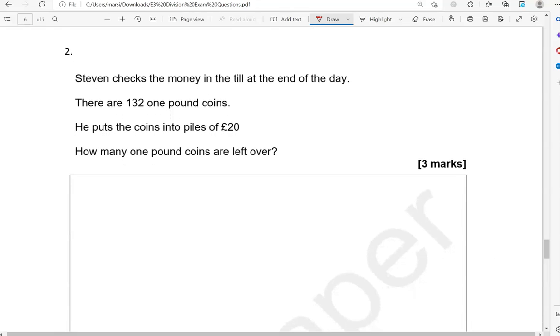Stephen checks the money in the till at the end of the day. There are 132 £1 coins. He puts the coins into piles of £20. How many £1 coins are left over? So we're going to divide 132 by 20.